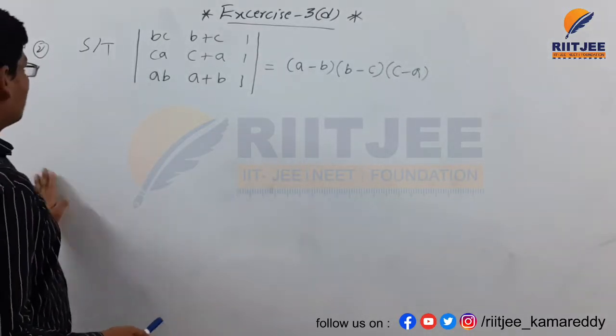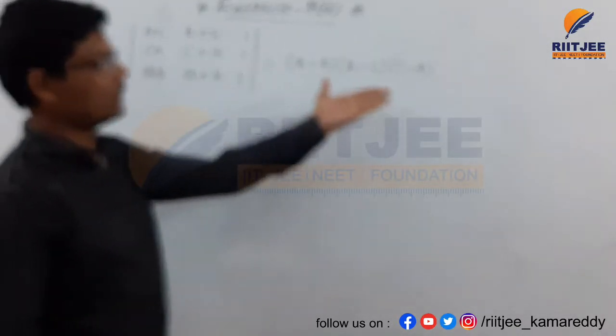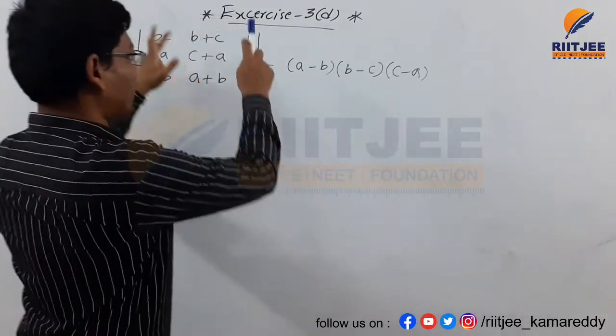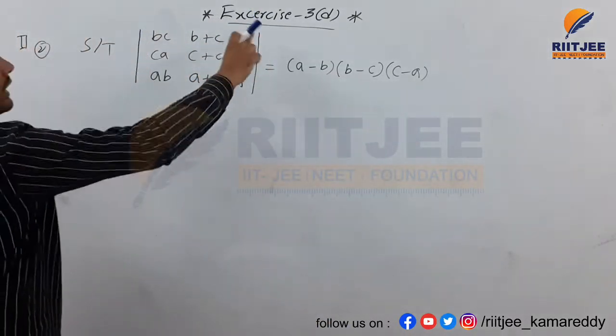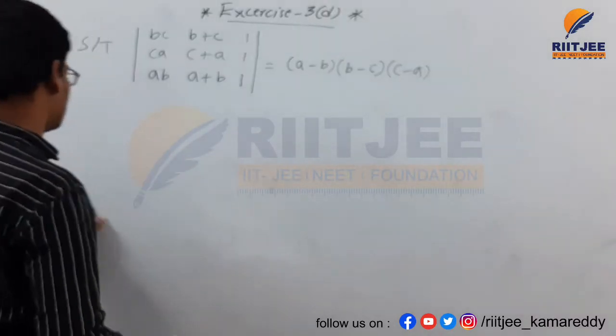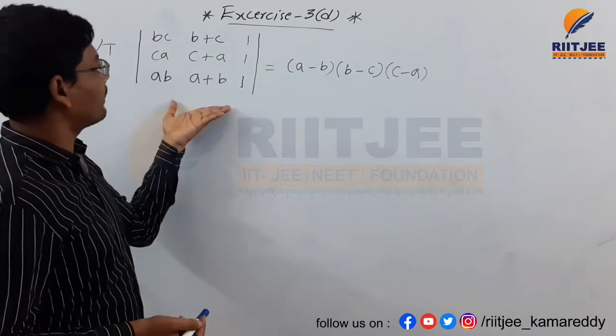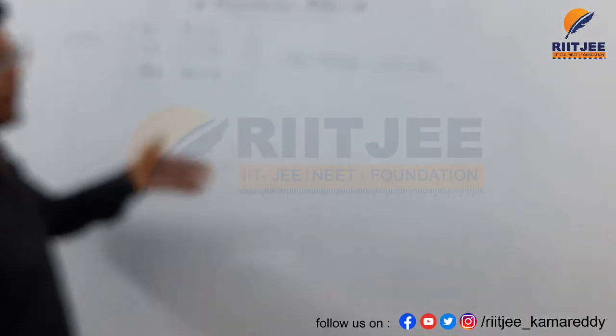He is asking to show that the modulus of this value is equal to A minus B, B minus C and C minus A. This is not a matrix here, this is a determinant, and you need to find the determinant. It is somewhat difficult to find the determinant directly, so I am simplifying this.